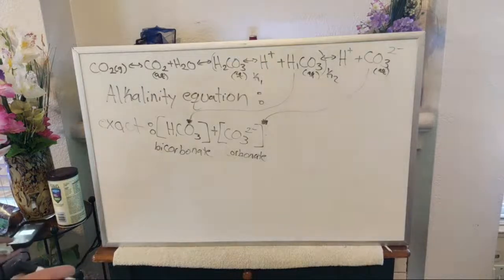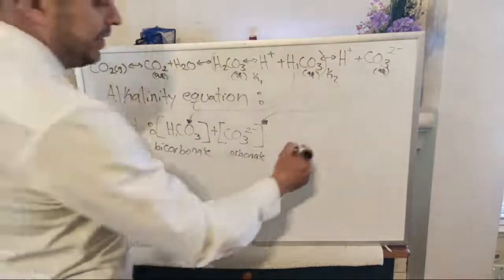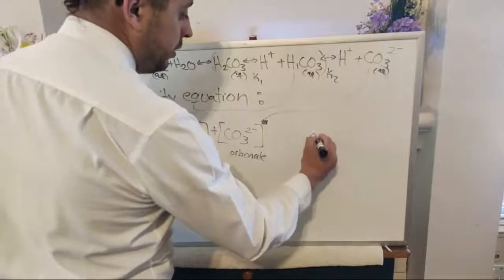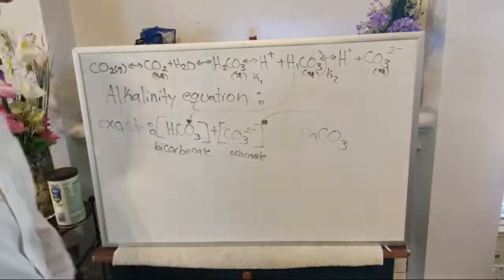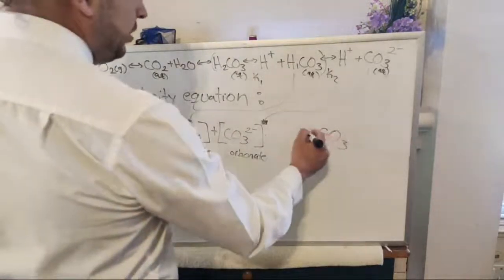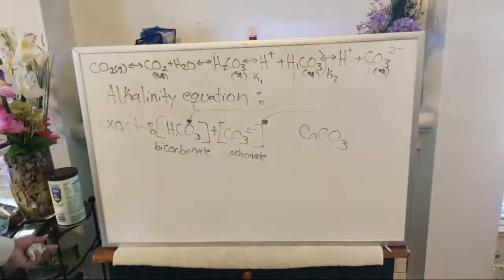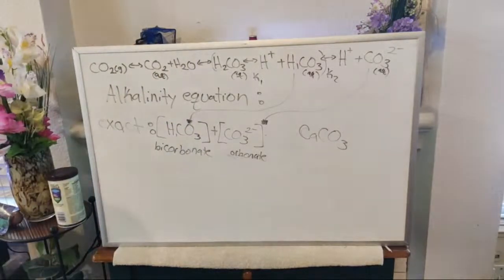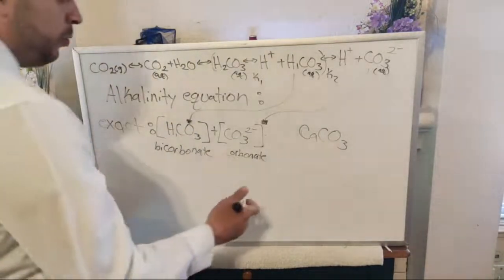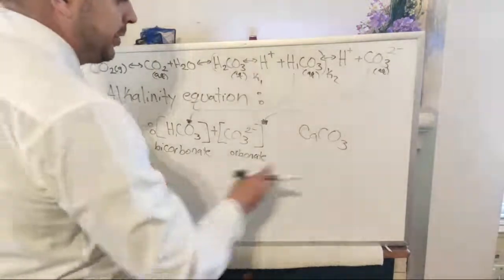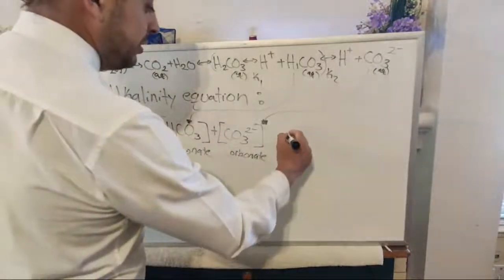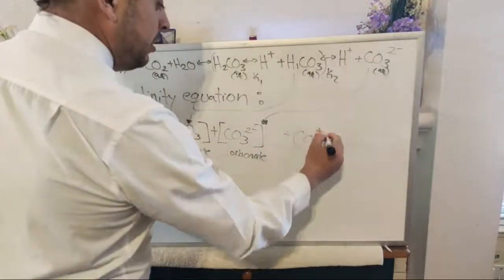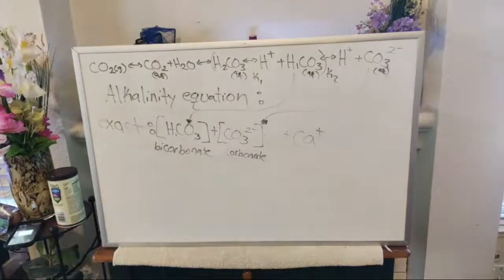Oh yeah, another thing about alkalinity: everything's based on calcium carbonate. So basically, your coral skeleton, alright? That's also really important. So alkalinity is really based on the calcium carbonate. When you add calcium to the water, let's say you add calcium to this reaction. I forgot if it's a +2 or a +1. Hold on. Oh, it's a +2.